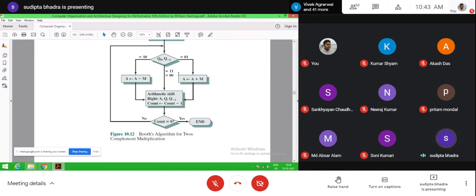We are going to take only the particular term where there is a change from 0 to 1, then we do a subtraction. When there is a change from 1 to 0, then we do a summation. Summation of what value depends upon the bit position.